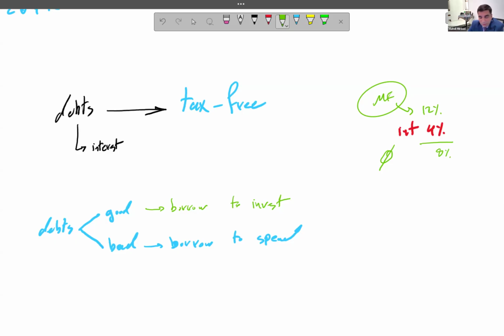So technically, let's say that I have a $100,000 investment, I got $12,000, I paid $4,000 interest, so $8,000 is the balance. If I want to calculate the rate of return, I have to divide $8,000 by the net amount of investment, which is nothing, which is 0.